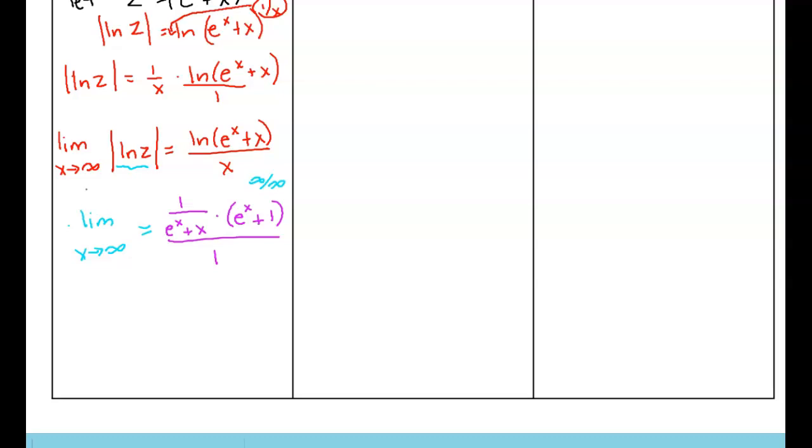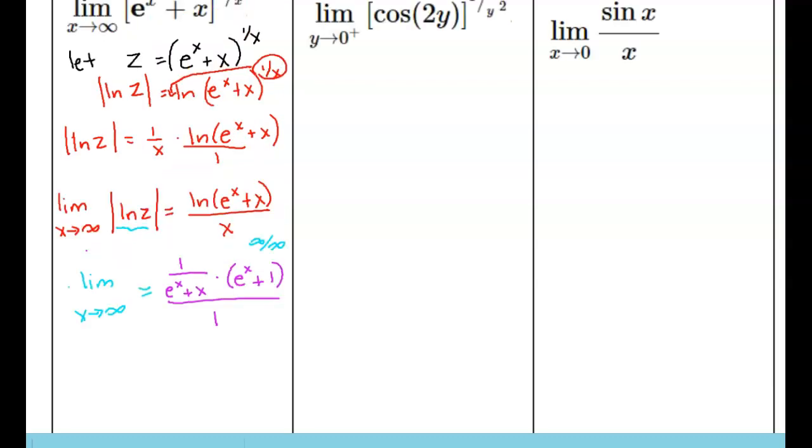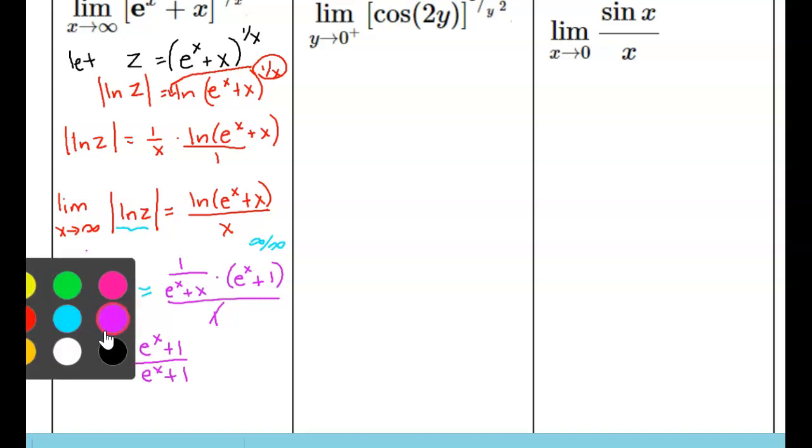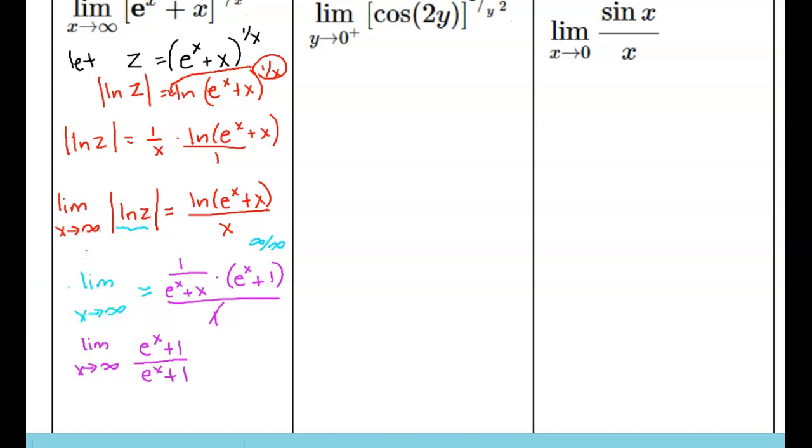And so I can really write this as the limit as x approaches infinity of this over this. And then we want to try to evaluate that with L'Hopital's again. If I plug in infinity, I'd have infinity over infinity, and so that's also indeterminate.